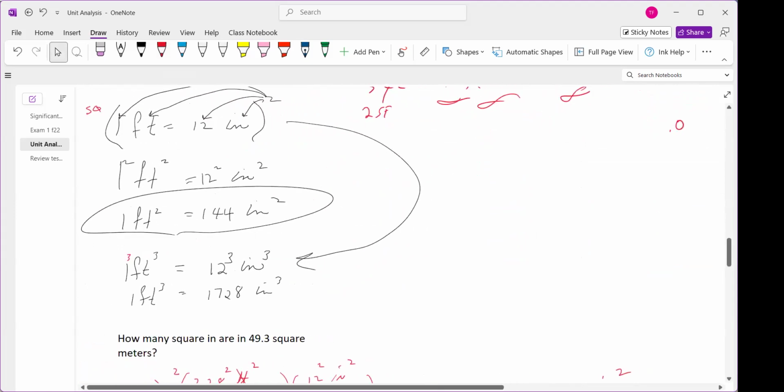Okay, now I'm going to go through some more examples here. If we look at linear versus square versus cubic, it's going to be the same thing as with fractions. If you start with a cubic measurement, you're going to end with a cubic measurement. And I don't give you the conversions.